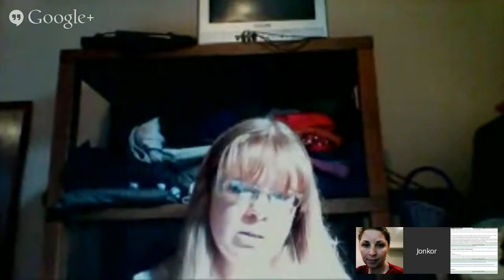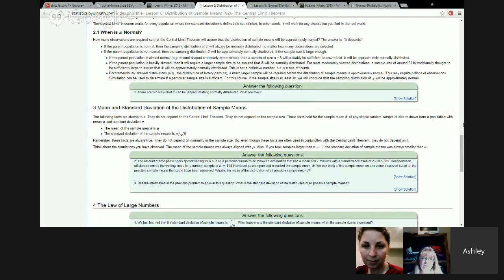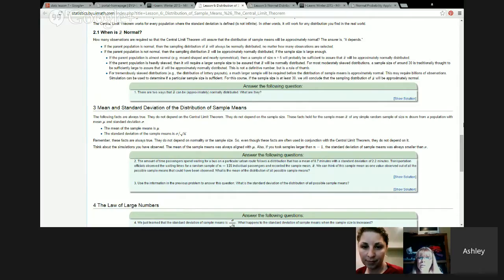The central limit theorem is saying, if we have a sample size of 40 but the parent population was right skewed, then with a large sample size your distribution is going to be normal. So I don't know.